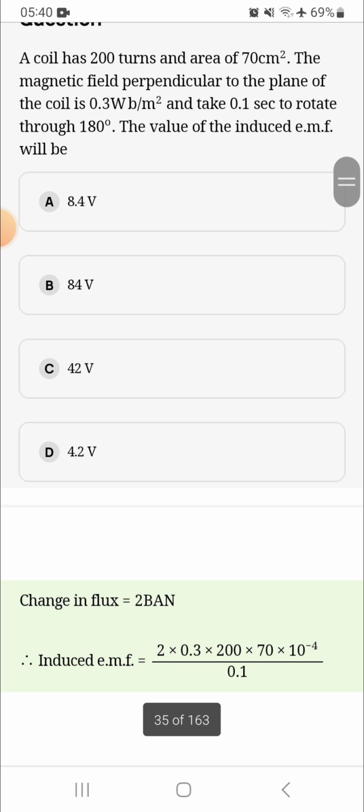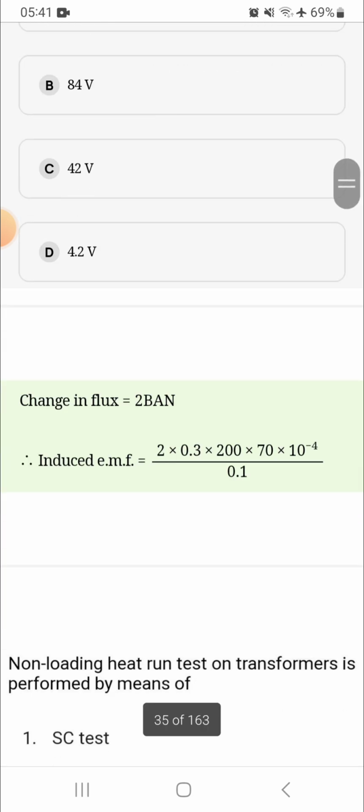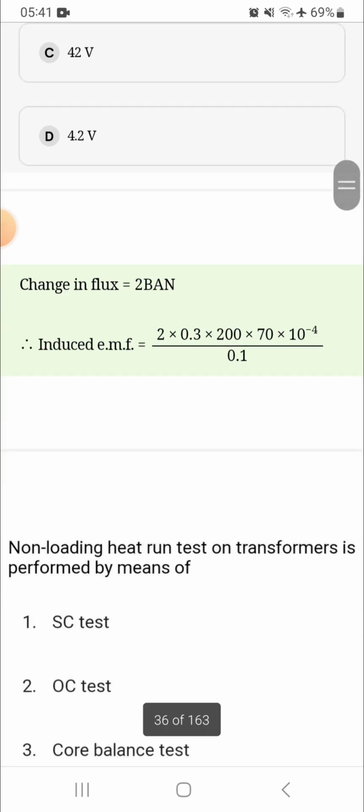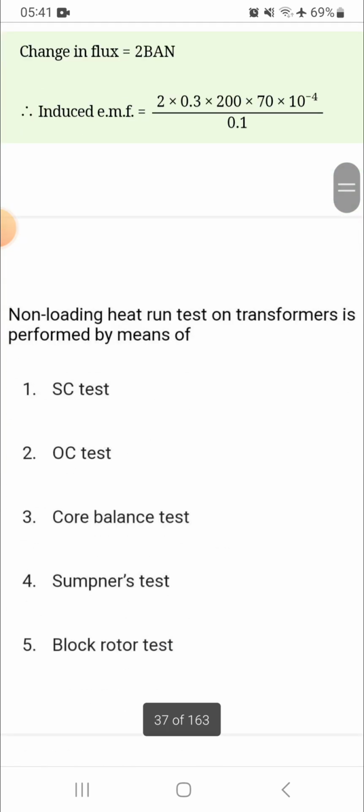Change of flux is 2BA, and then multiplied by N. A is the area of the cross section and B जो Weber का जो value है, 0.3 Weber per meter square वही है. And so the answer is 2 into 0.3 into 200 into 70 into 10 to the power minus 4 by 0.1. जो टाइमिंग है वो ले लिया है इसीलिए. यहीं पे तो आंसर है.